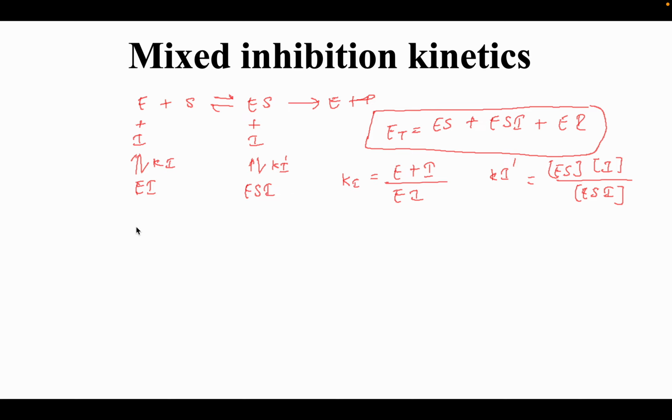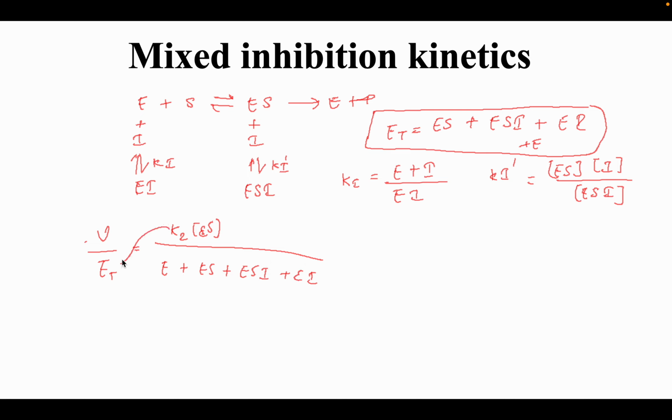Now let's write our V upon ET. We'll have k2 times ES upon the free form of enzyme plus enzyme substrate plus enzyme substrate inhibitor plus enzyme inhibitor.